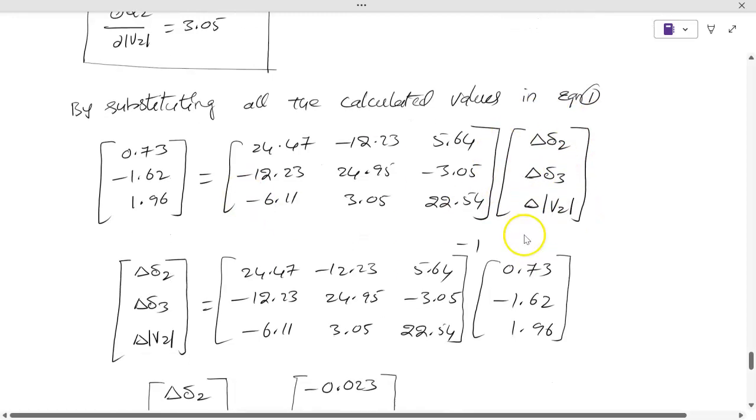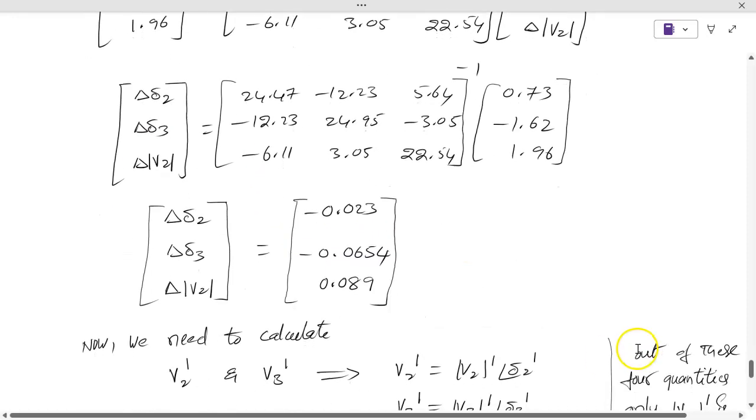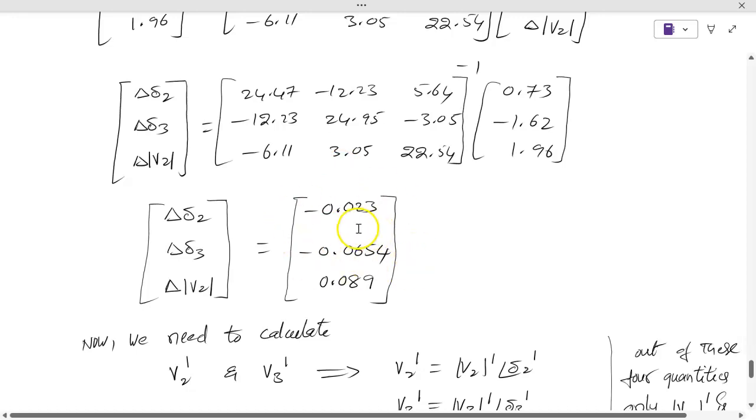Now these values are equal to, we take this matrix to this side, that means the inverse of the Jacobian matrix into this. So delta del 2, delta del 3, delta V2 is equal to the inverse of the Jacobian matrix into this matrix. Then finally we will get this.